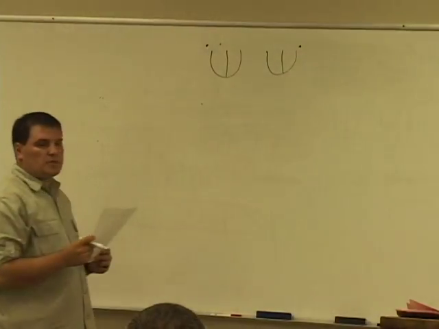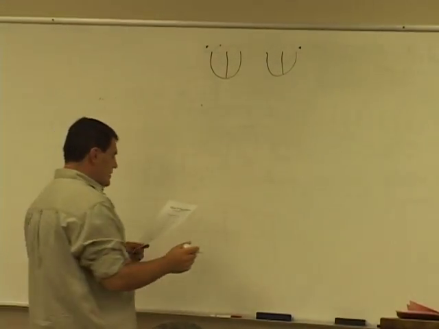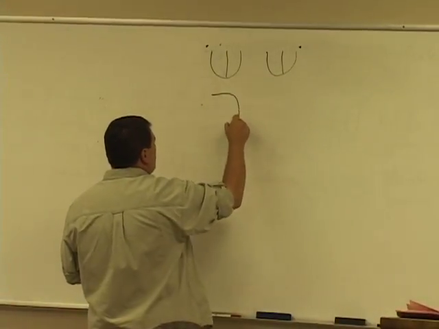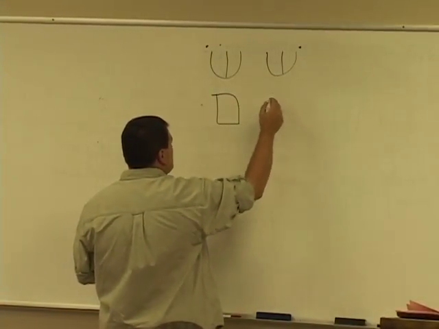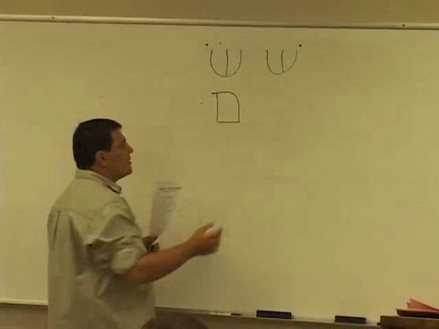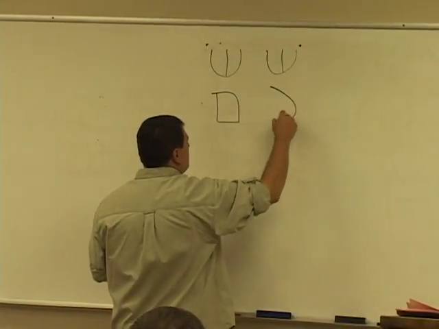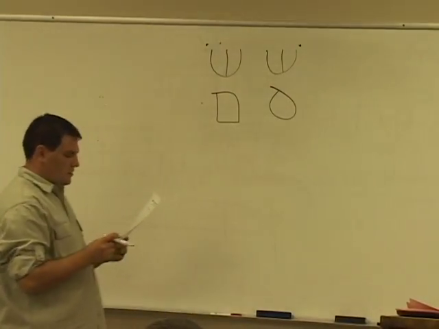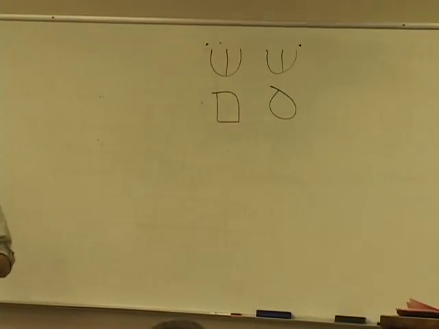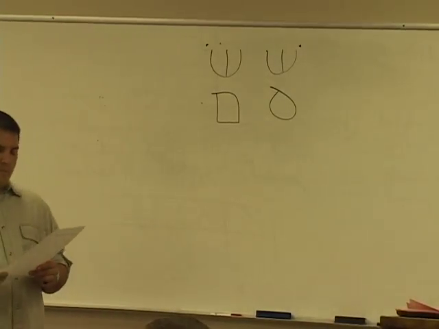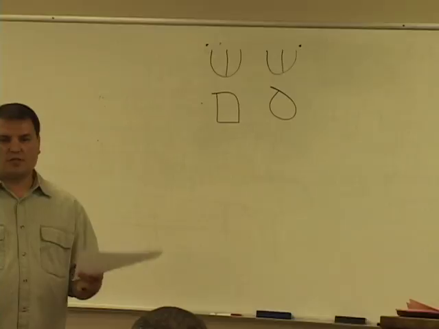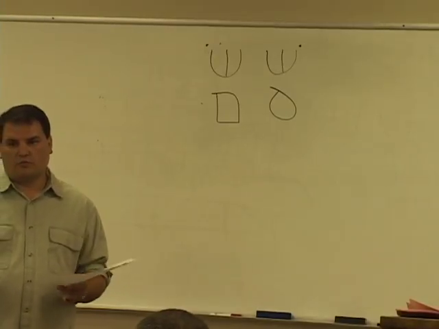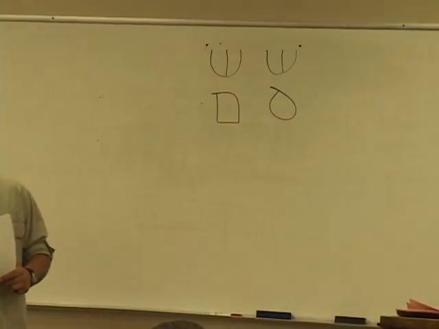Dots on the opposite sides of each other. Then mem and samekh. If you notice, mem is a slightly square looking letter, while samekh is more of a round looking letter. However, in the printed form, mem and samekh somewhat resemble each other. So you have to be really careful not to mix them up.